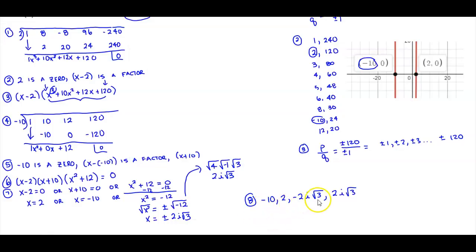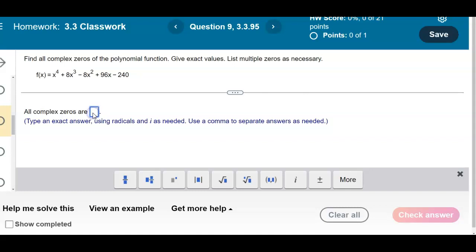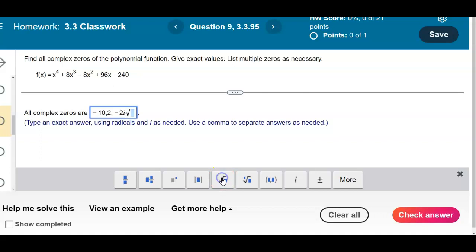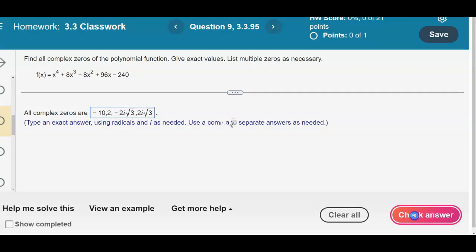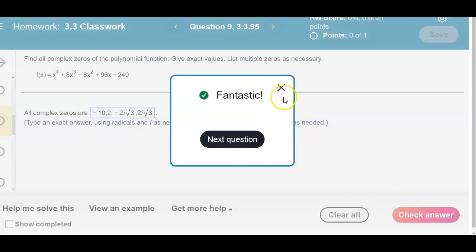So therefore, these are our answers. Let's go ahead and put that in. We have negative 10, 2, and negative 2i times the square root of 3, comma, positive 2i times the square root of 3. Check our answer, and there is our result.